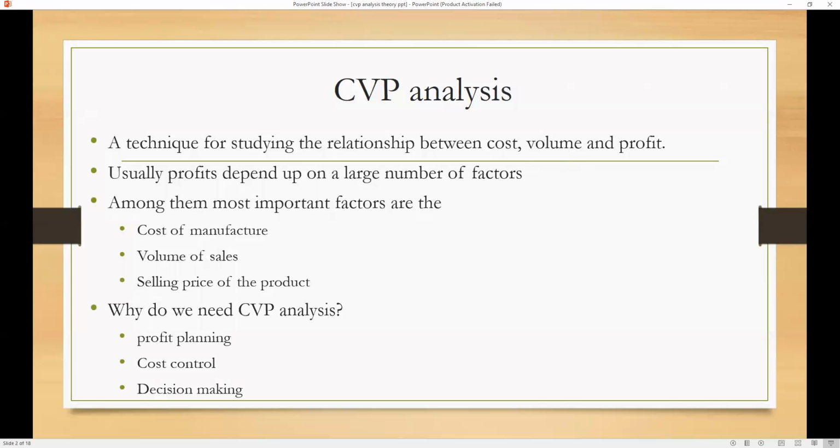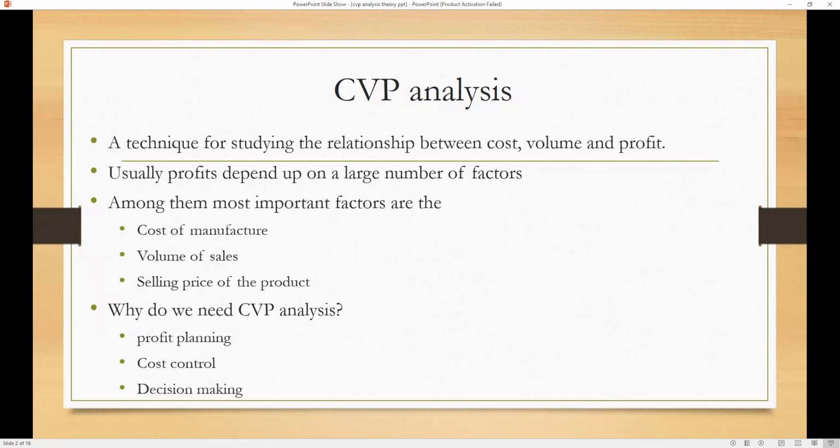So why do we require CVP analysis? I told you CVP analysis is a technique used for studying the relationship between cost, volume, and profit. We try to establish a mathematical relationship between the cost of manufacturing, the volume of sales, and the selling price. Now the question is, why do we need a CVP analysis?